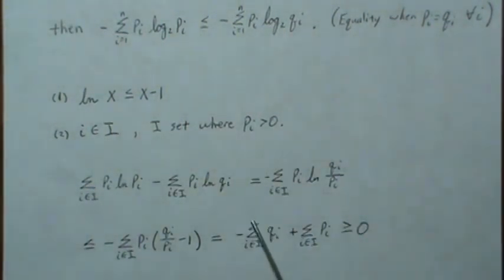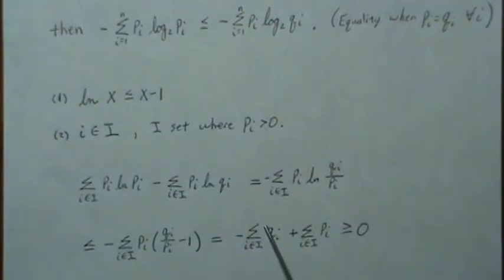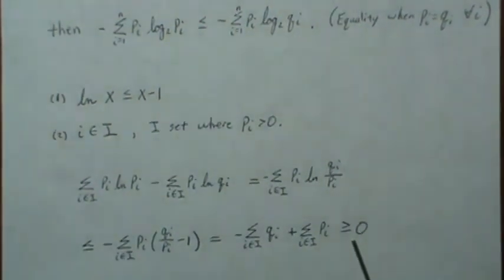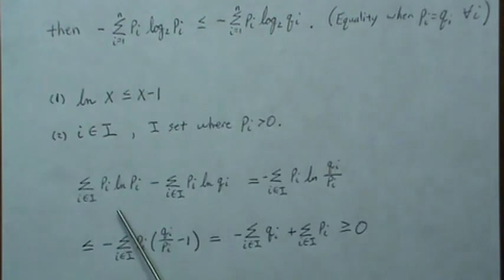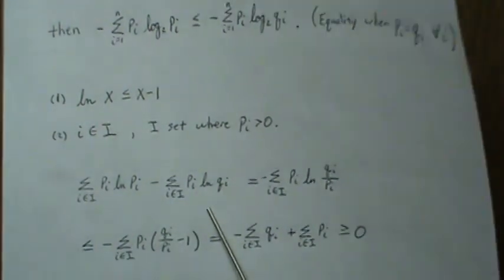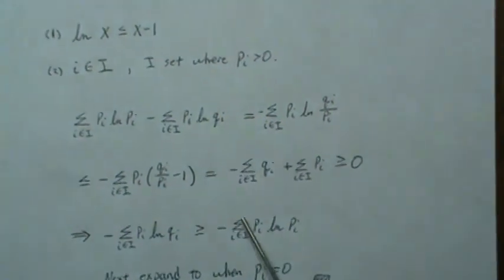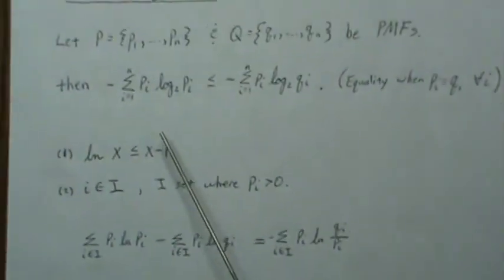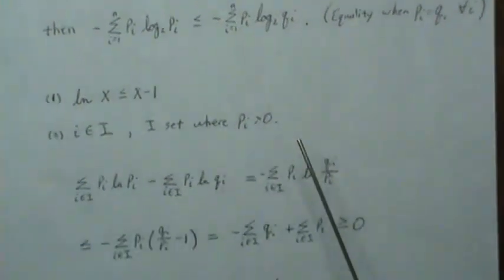So this quantity will often be less than 1. So you're taking a 1 and then subtracting something that's 1 or less, that's going to be positive. Okay, so that says that this quantity is going to be greater than that. But then that says that this relationship is true, taking the negatives, which is what we wanted to show.